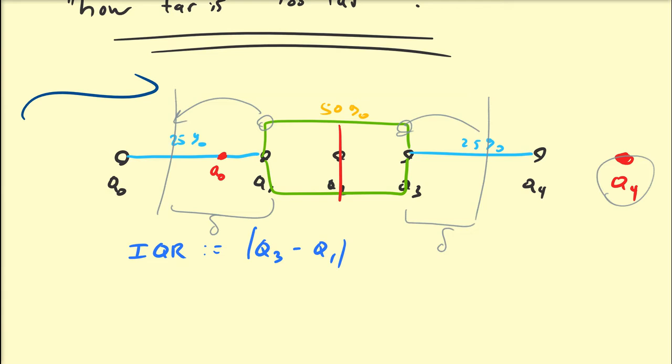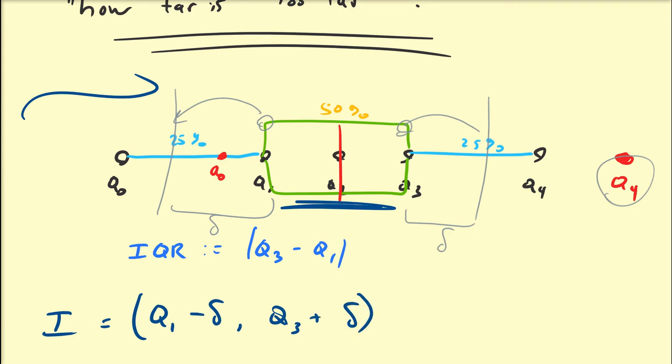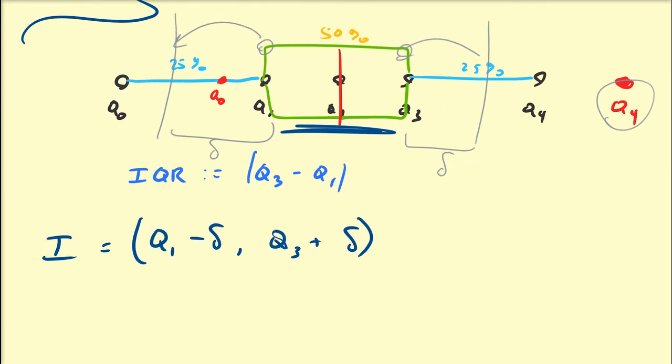So this distance is definitely going to be based on the width of this box, right? So this interval is going to be defined to be equal to Q1 minus some distance, and Q3 plus some distance. Now this distance in this test is going to be 1.5 times the IQR. This is what the IQR outlier test chooses to use.